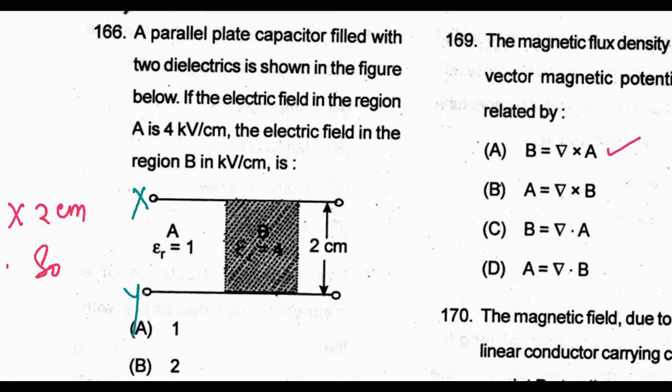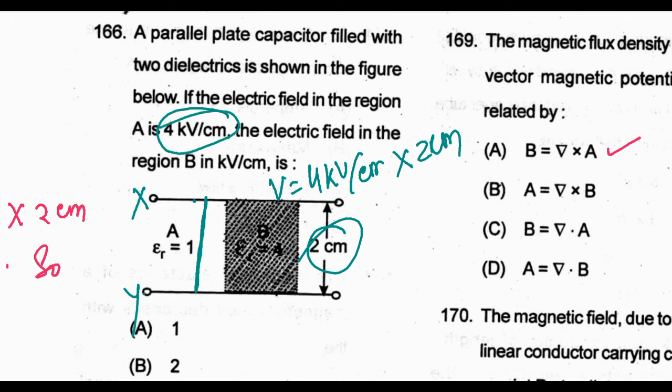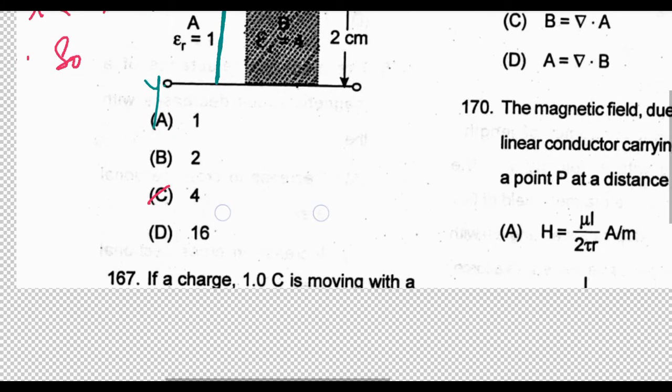As the potential difference is the same and the distance is also the same, regardless of the dielectric material between the plates, the field will be the same. Here the distance is 2 centimeter, so V is equal to 4 kV per cm into 2 cm, which is 8 kV, and the same 8 kV will appear at region B. The distance is also the same, so here also the field will be 4 kV per cm again. So the answer will be 4 kV per cm, option C.